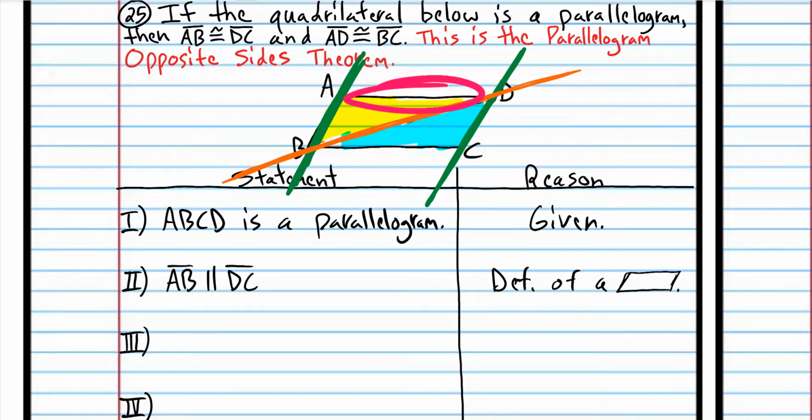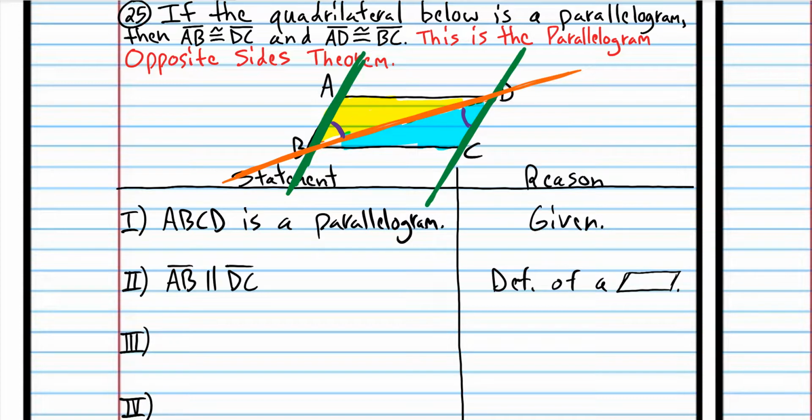I know that's kind of hard to do, but just focus on the green and the orange. When you focus on the green and the orange, you can see that this angle here is congruent to this angle here based on the alternate interior angles theorem. The green lines are parallel, so alternate interior angles created by a transversal must be congruent.